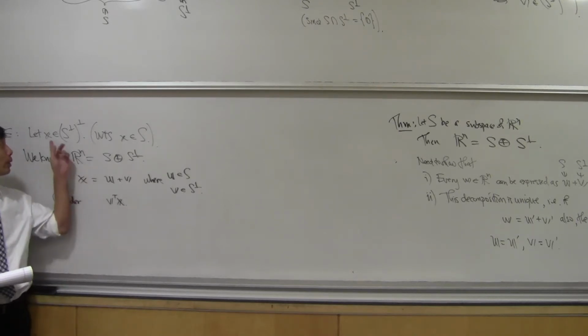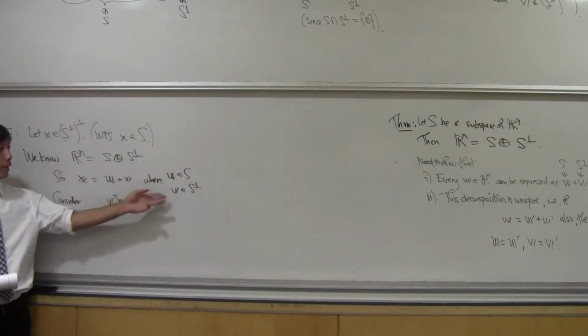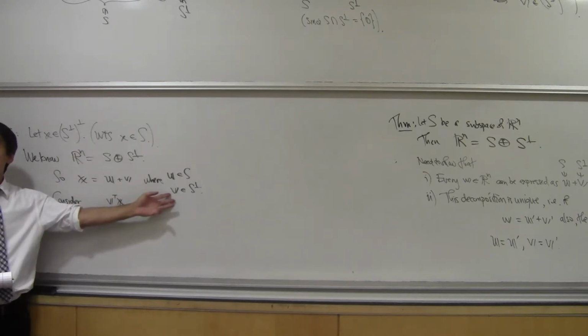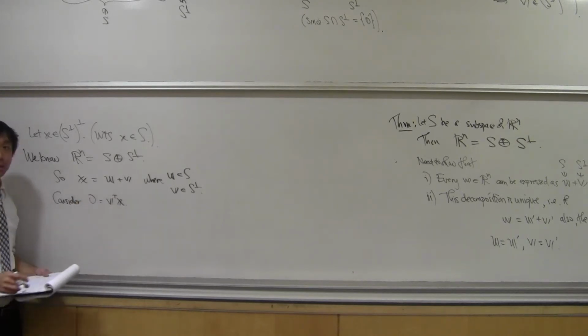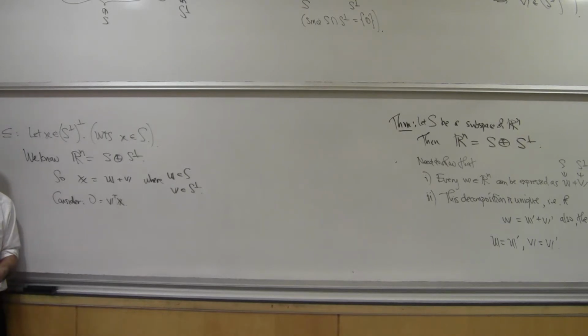Well, X, remember, was in S perp perp, and V is in S perp. So it's 0. You've got something in S perp perp and something in S perp, so they're perpendicular to each other.